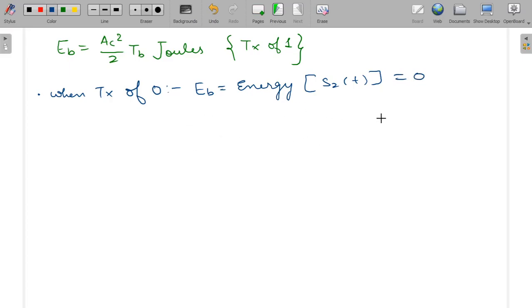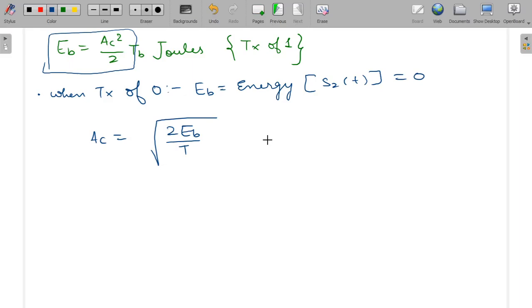So if a signal is 0, then its energy is also 0. So now from this equation, we can find the Ac also of the carrier signal. Ac is equal to the square root of 2 Eb by Tb. Okay. So we can find Ac also using this.